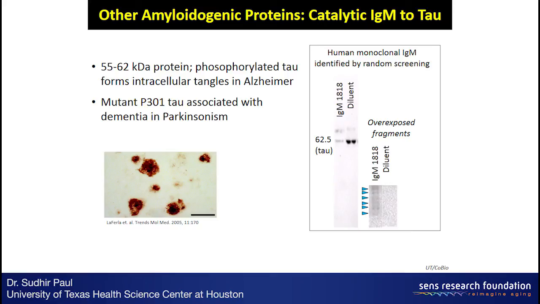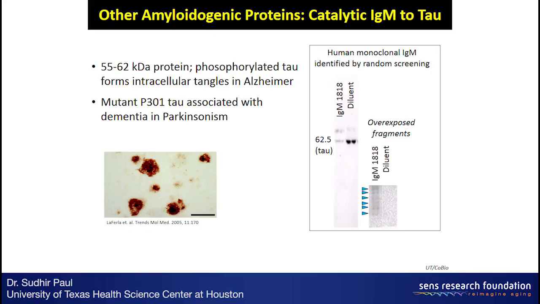By random screening of human monoclonal IgMs that we isolated from blood, we have found catalytic antibodies that break tau. On the right side, these are electrophoresis gels of biotinylated tau run on the gel, either incubated with diluent or with a monoclonal IgM.